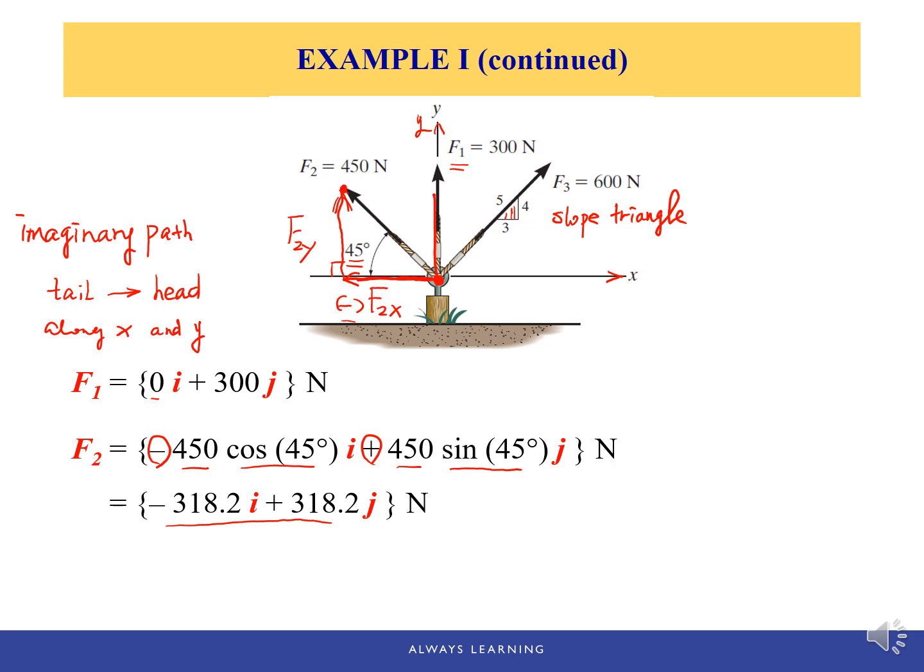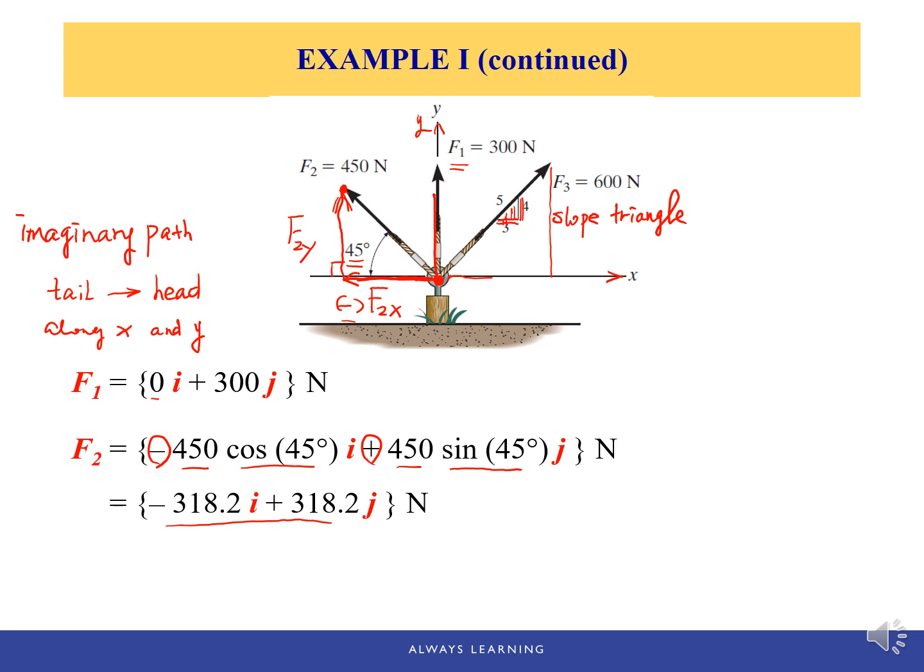So 3 is the direction along the x-axis, right? And 4 is the direction along the y-axis. So this triangle is similar to the triangle made up by this F3 and the x and y components of F3.